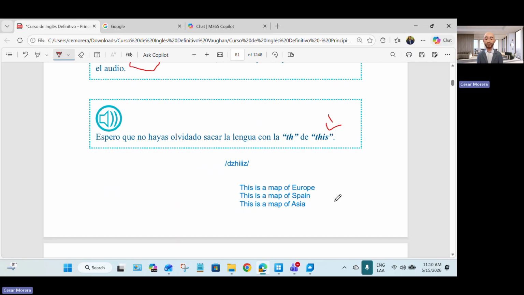If you say Espain, it will be incorrect because this E sound is not pronounced, only the S sound. So it will be something along the lines of Spain, Spain, Spain.